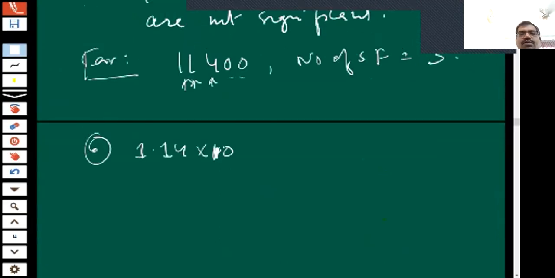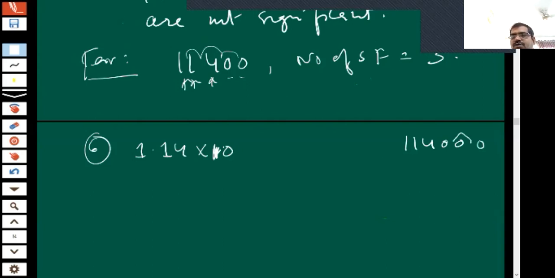We can write like this. See, 1, 1, 4, double 0, like this. So we can write this number as 1.14 into 10 to the power 4. So here the number of significant figures is 3, children.